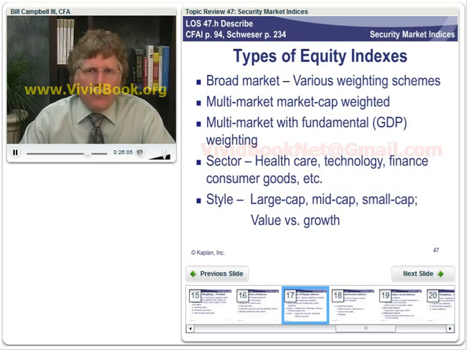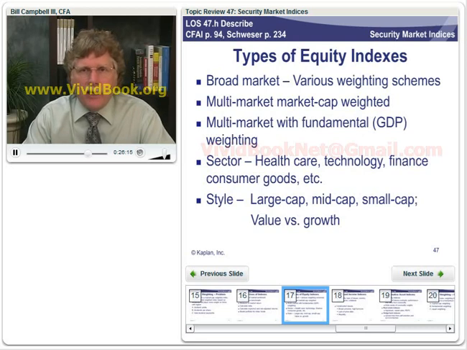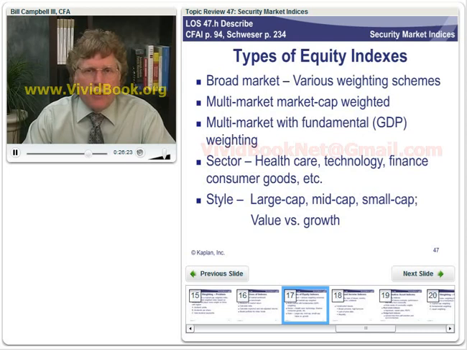And it could be market cap weighted, so the weighting of each country within that index would be determined by the total market cap of the securities in that country. Or you could have multi-market with fundamental, like GDP weighting, where within that index the weighting for each country is determined by that country's GDP compared to the GDP of each of the other countries.